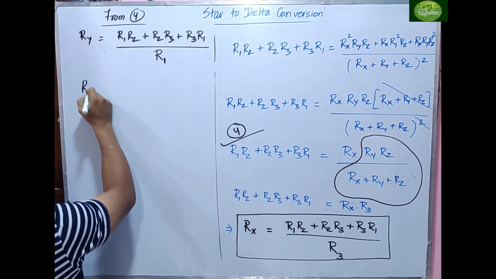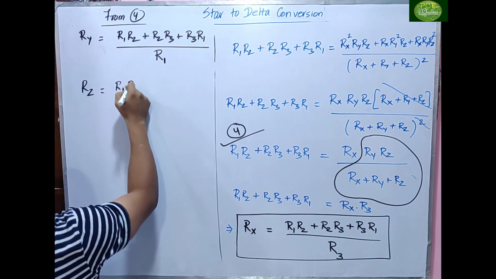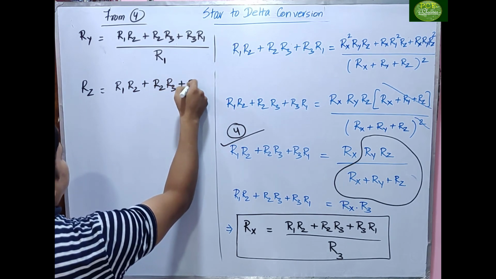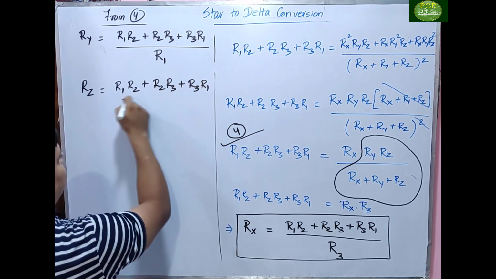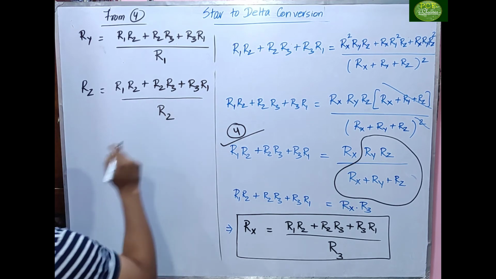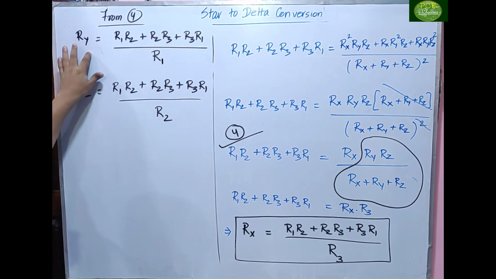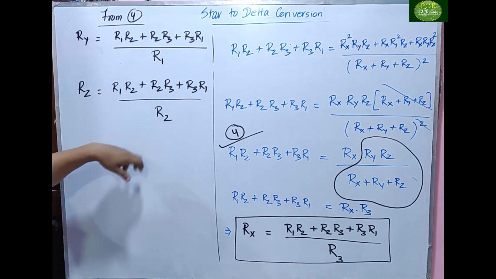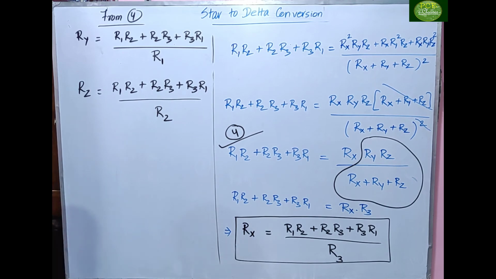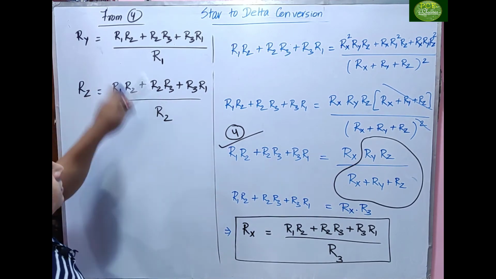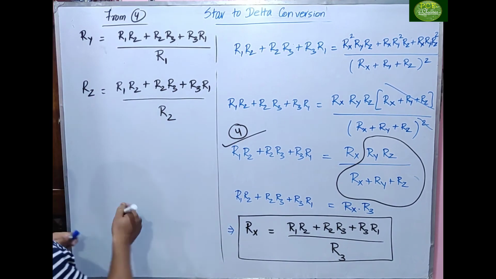Similarly, Rz will be R1 R2 plus R2 R3 plus R3 R1 divided by R2. Clear? These are the values of the delta connection parameters. Fine. So let us see the star connection and see what equations we can note down.